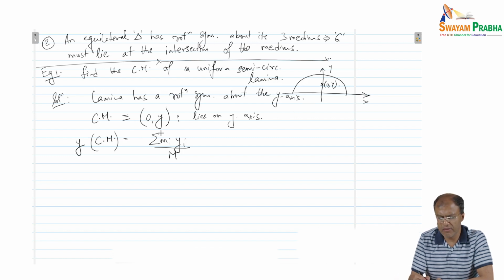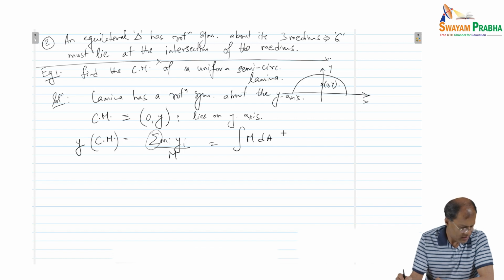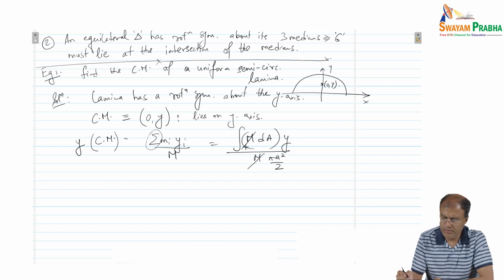We can replace this summation with an integral so that we have a continuous mass distribution, and that is going to be the integral of m times dA times y, divided by m times pi a square by 2, right? And dA is r dr d theta.